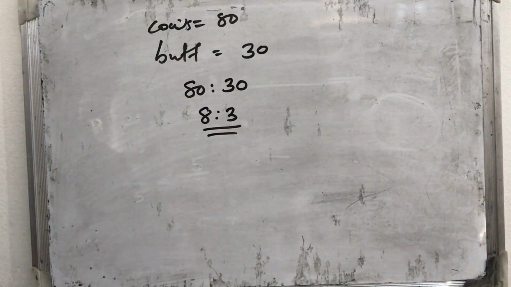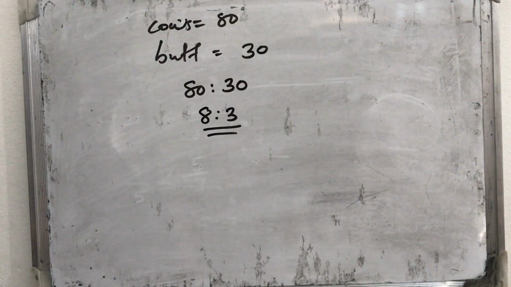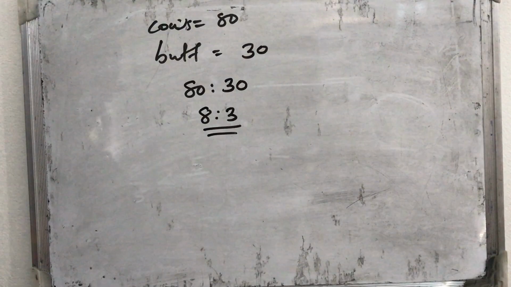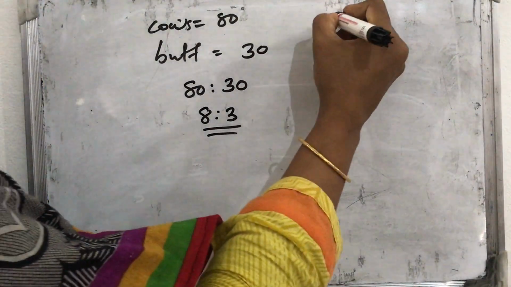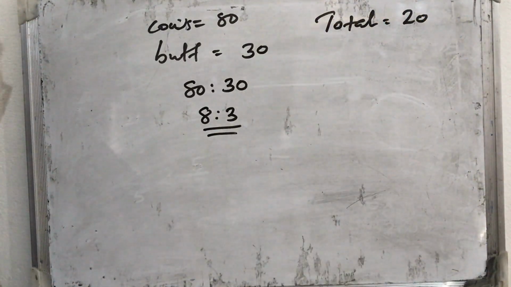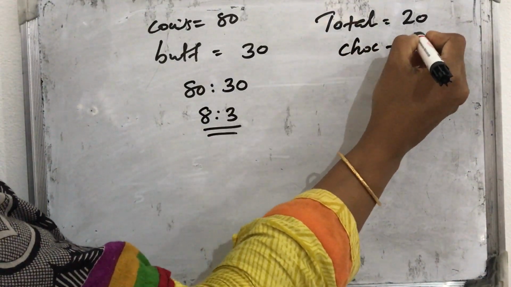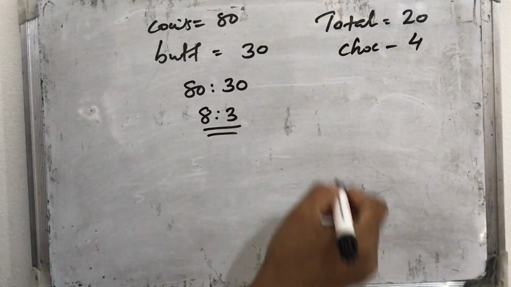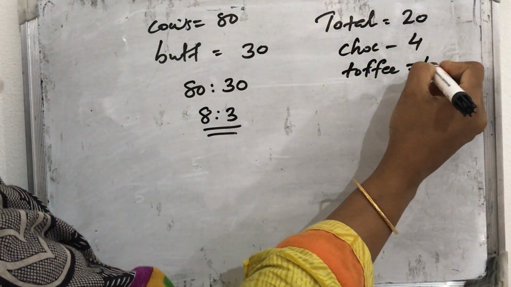Now question number 5. In a packet of sweets, for every 20 sweets there were 4 chocolate bars and the remaining were toffees. Total how many sweets are there? 20 sweets. Out of that there were 4 chocolates, and the remaining were toffees. So the number of toffees will be 16.